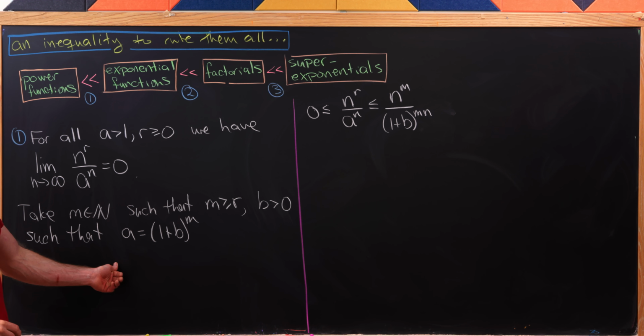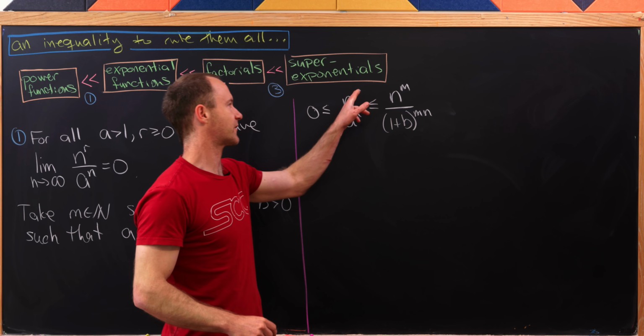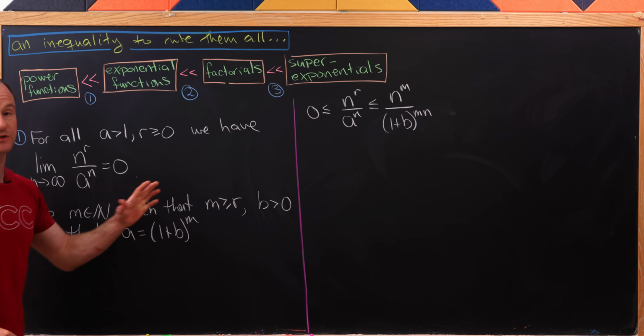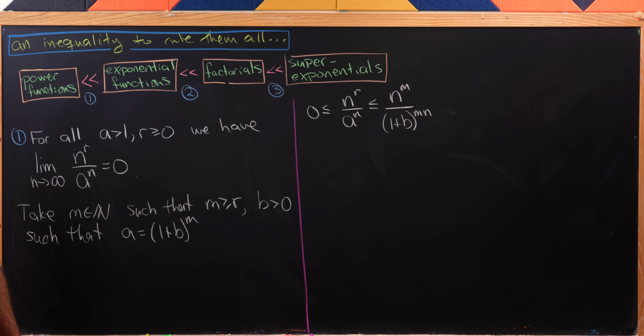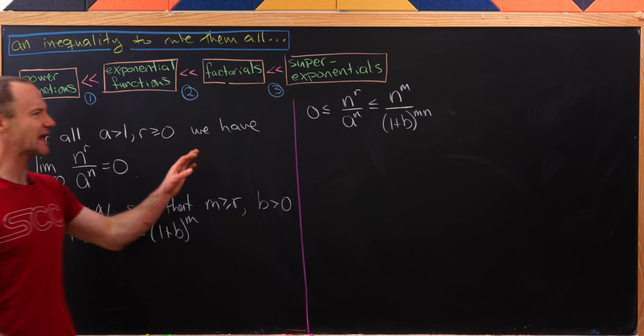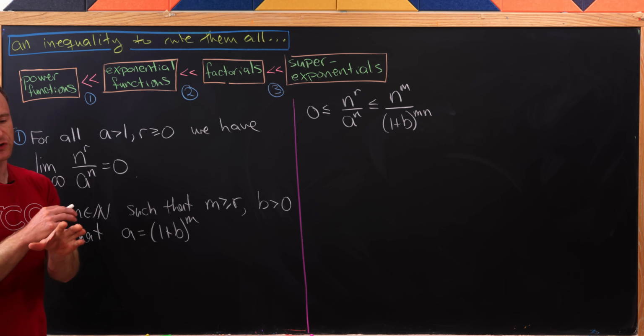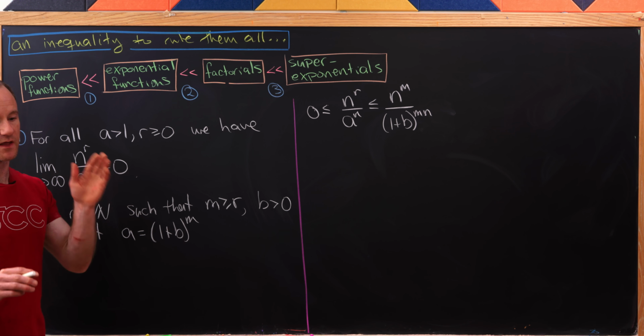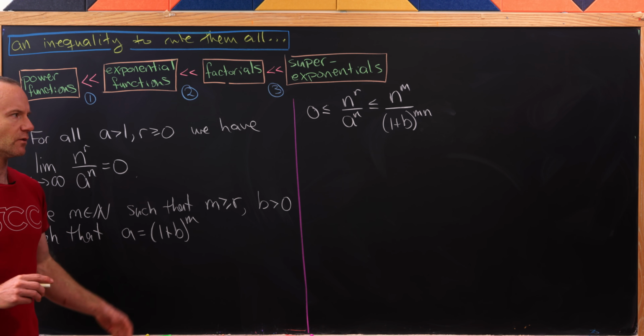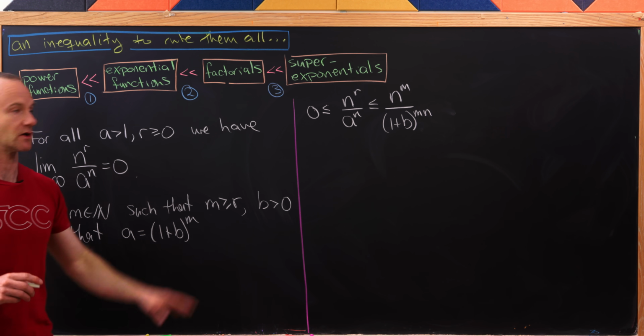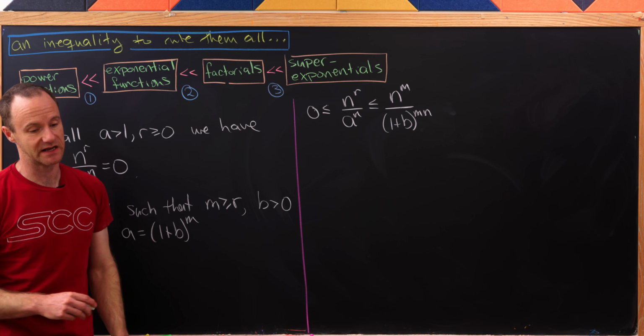The replacements that I've done here are m for r. m is bigger than r, so we just made the numerator larger. And then I replaced a with 1 plus b to the m. I kept the denominator the same. So if the denominator stays the same and the numerator gets larger, then of course the whole thing is larger. And that's exhibited in that inequality.